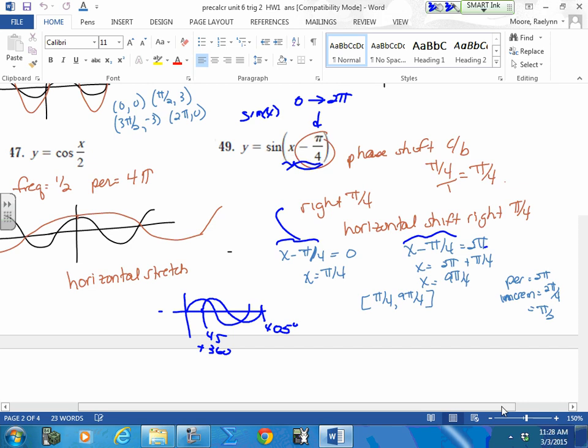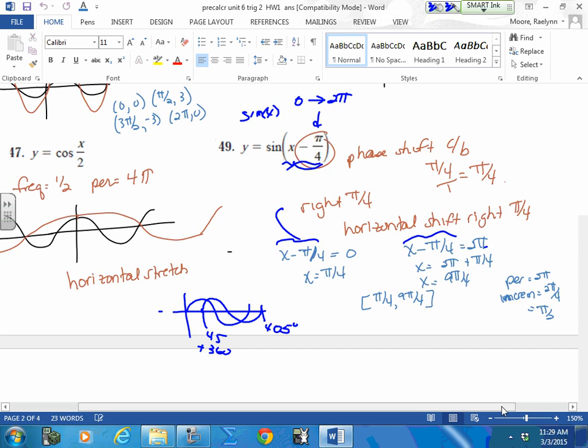So where am I going to end? At 9 pi over 4, which makes sense. Because what is my pi over 4 is double? 8 pi over 4, right? And what is 1 more pi over 4? 9 pi over 4. So does that make sense when you think of radians?